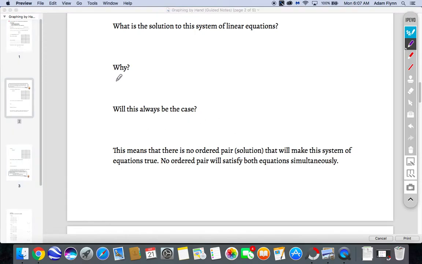It is because these lines will never intersect. Okay, they will never cross. Doesn't matter if we're on that 10 by 10 grid or if we go up into the hundreds, the thousands, or even the millions. They will never cross.